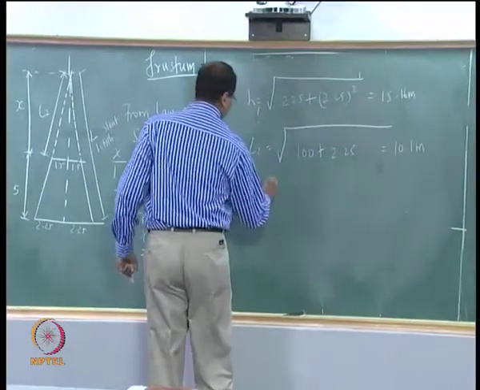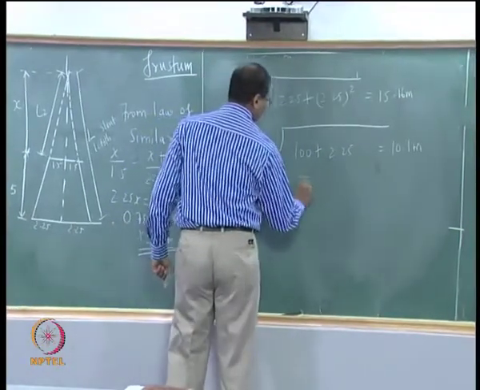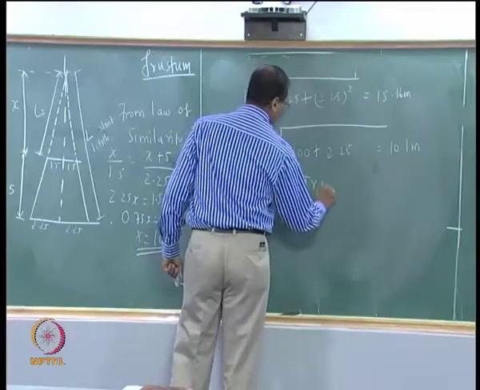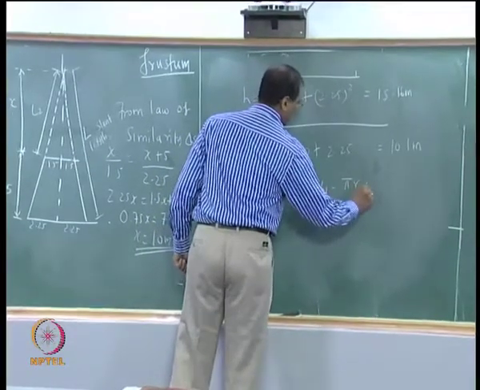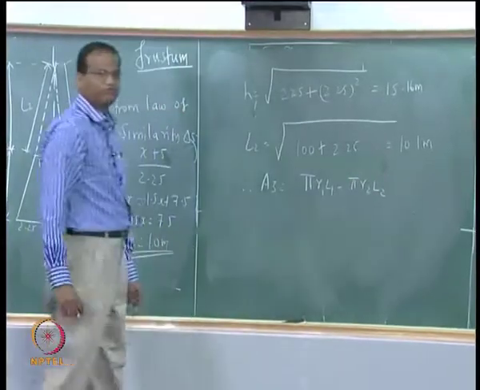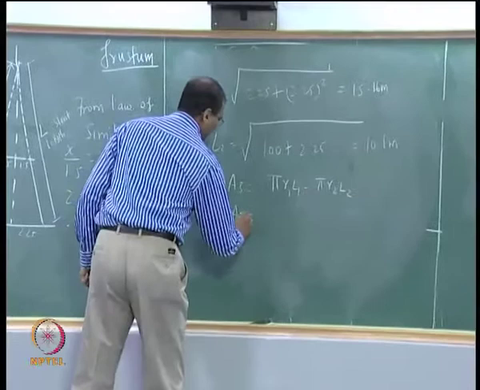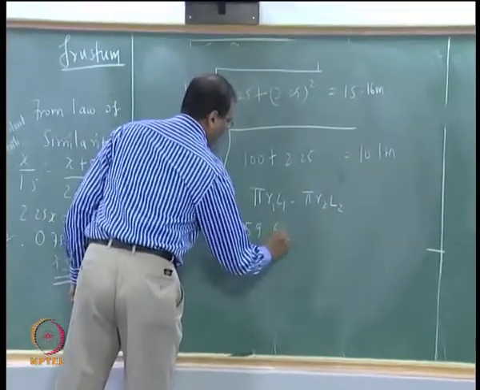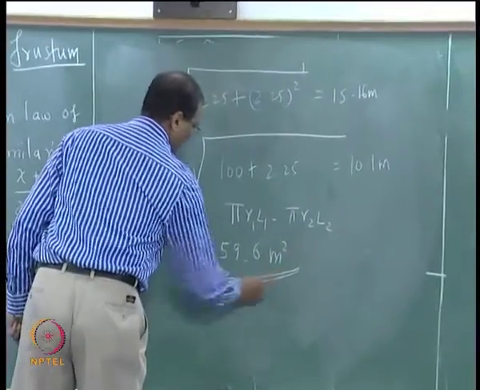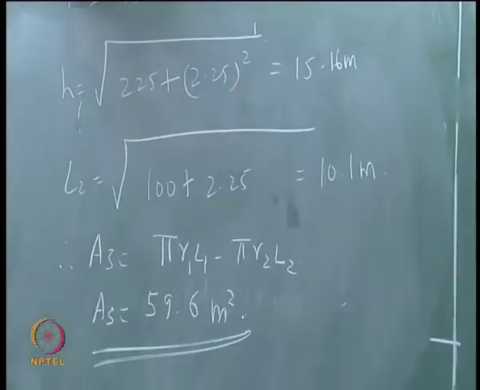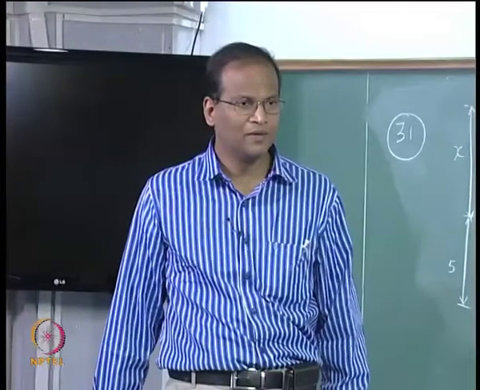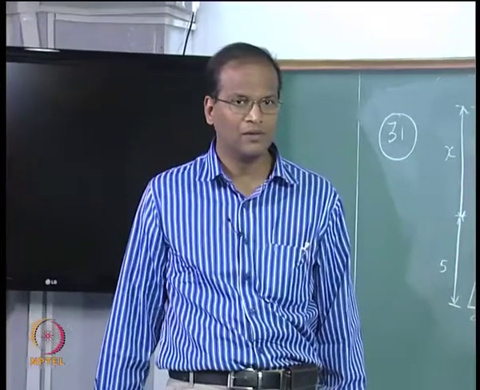The circumference, the perimeter, will be 2 pi r.